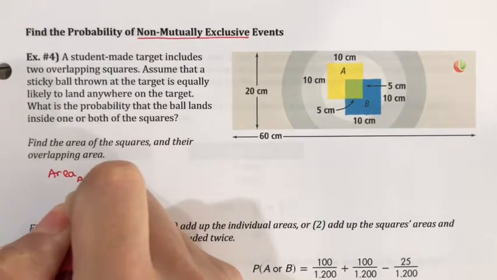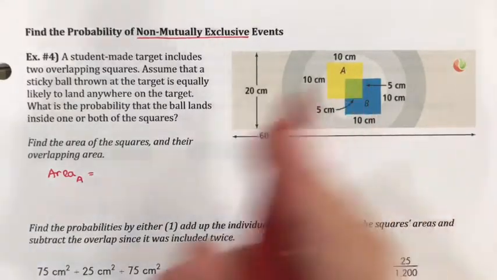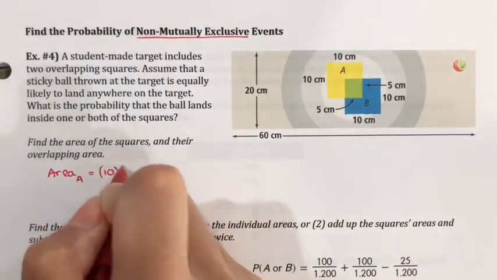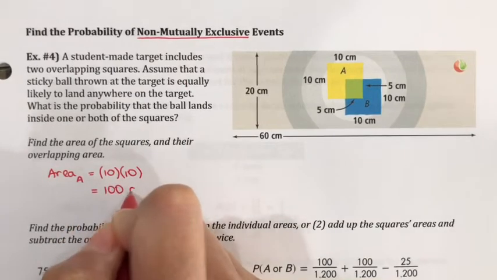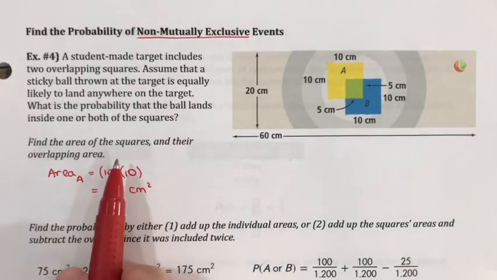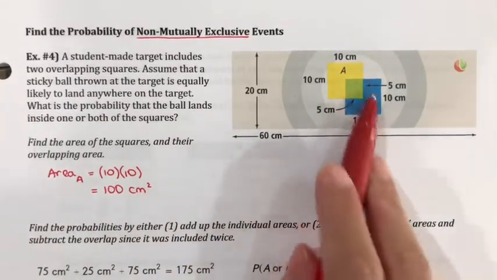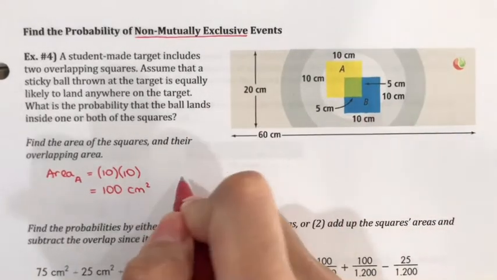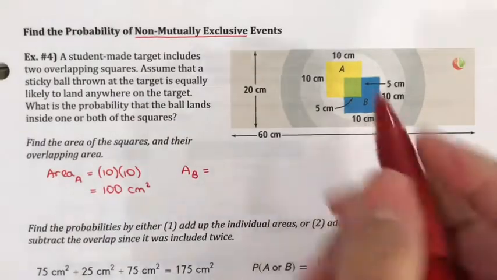of square A, okay, which is this square over here. So notice we have a 10 by 10, which is 100 centimeters squared. Then we're going to find the area of the second square, so area of B, which is also 10 by 10.